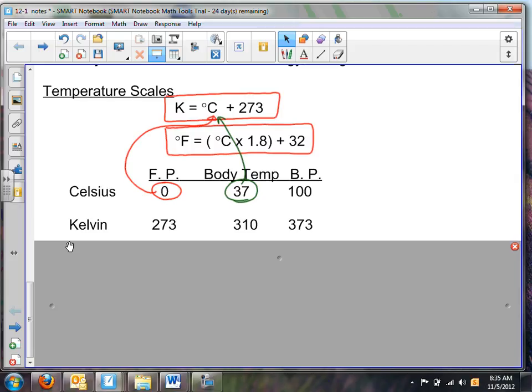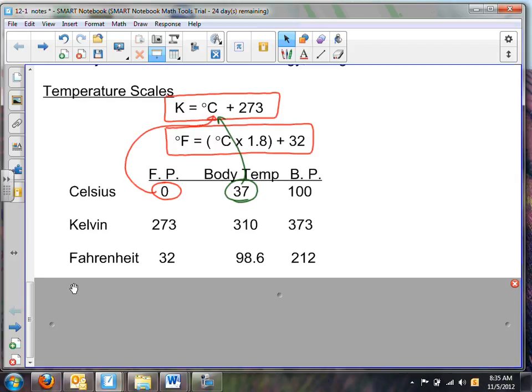And obviously 100 plus 273 is 373 Kelvin for the boiling point. We know that water in the Fahrenheit scale freezes at 32 degrees, boils at 212 degrees, and normal body temperature is 98.6. So again, these are things you should just know. You shouldn't have to convert.